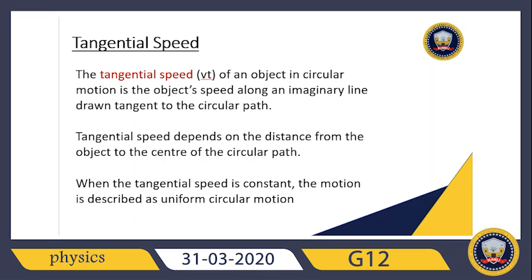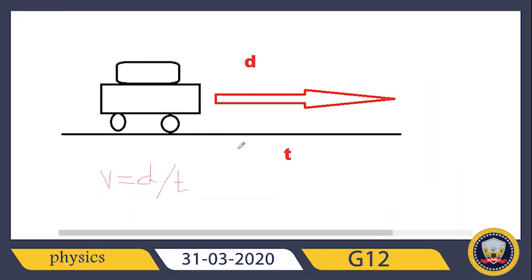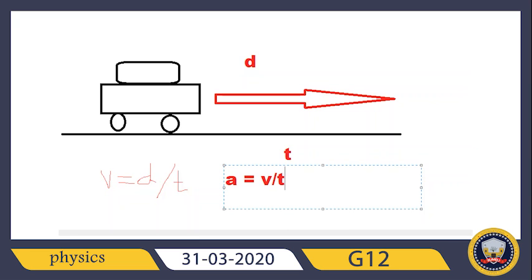Again, we said before that in one dimension, velocity is equal to distance divided by time. Then we have acceleration a, which is equal to the change in velocity divided by time.